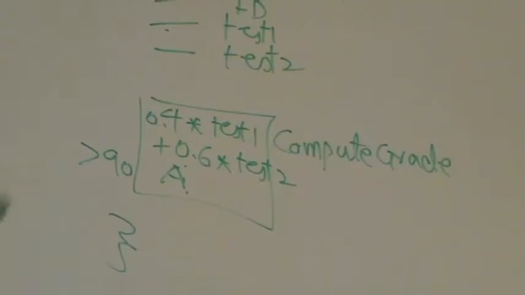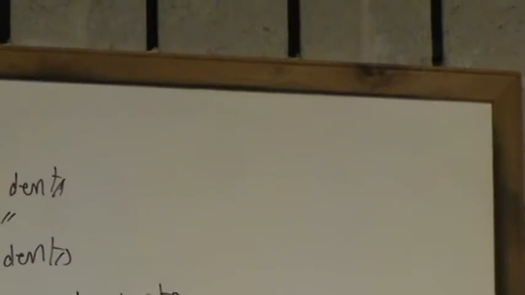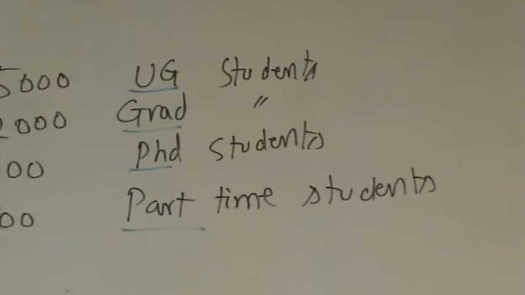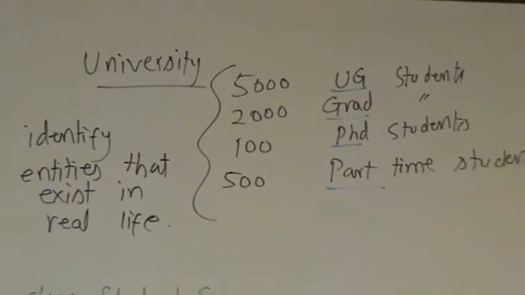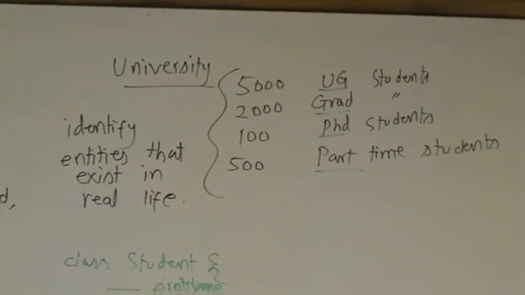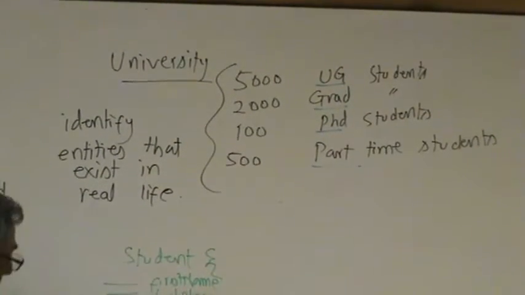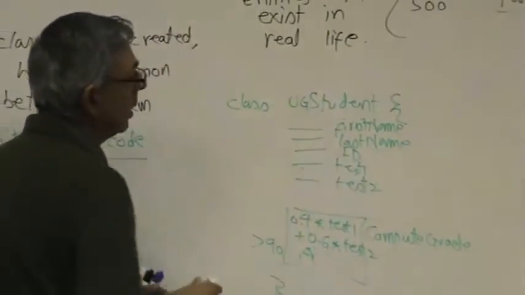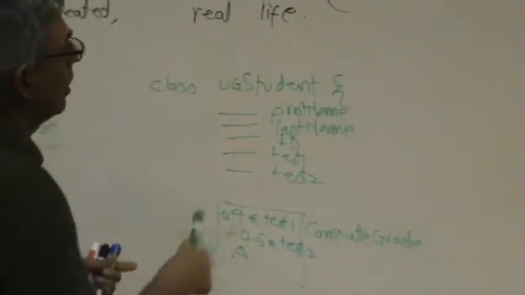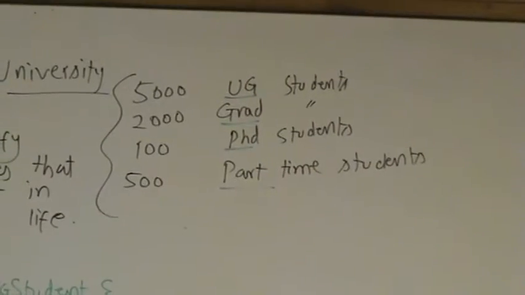Because we are creating a university application, after creating a student class, or let's call it undergraduate student rather than just a student, let me change the name to undergraduate student. Now you start to create a grad student.